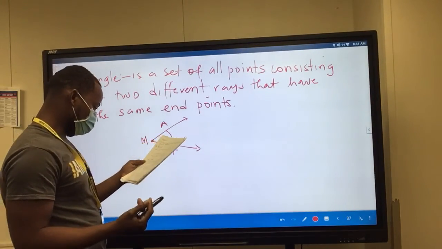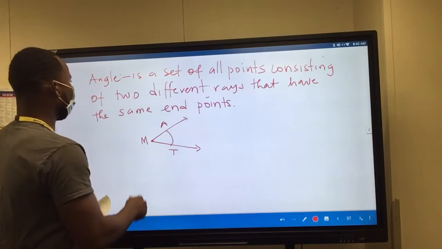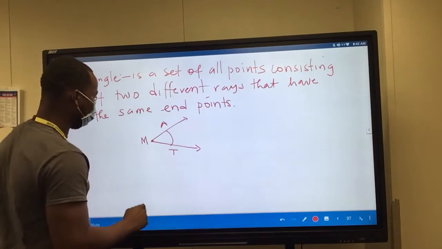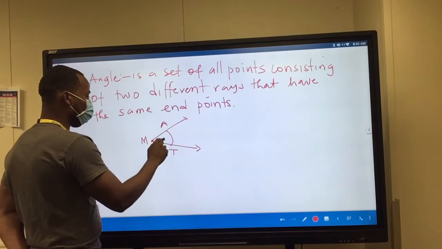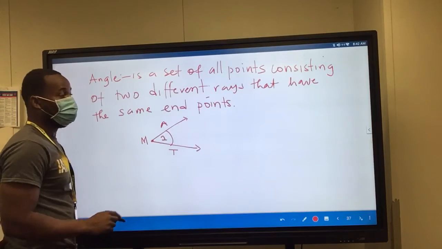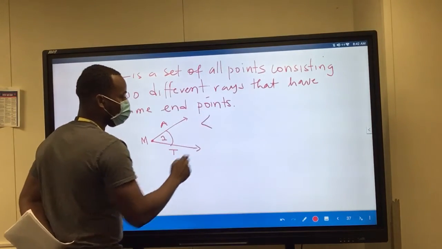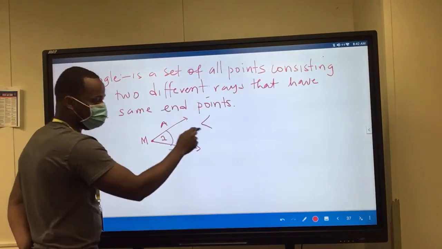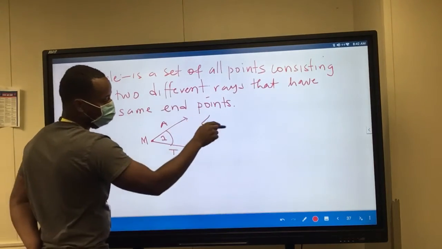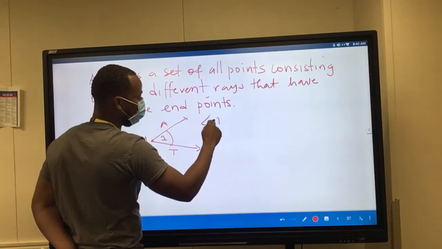Now that we know what an angle is and how it is formed, assuming that I put 1 over here, I can name it with this symbol, which means angle. That means this is angle 1.